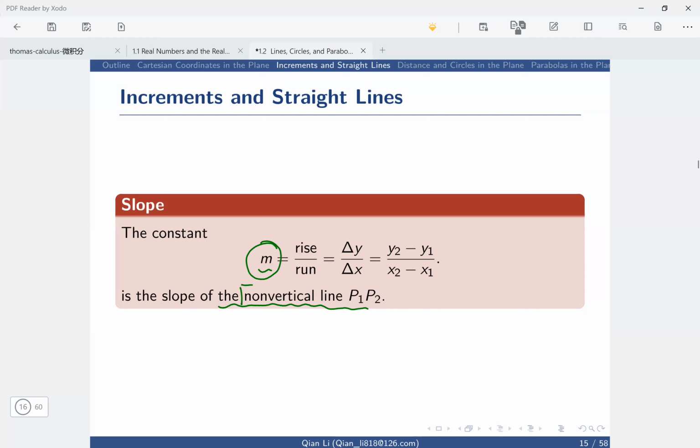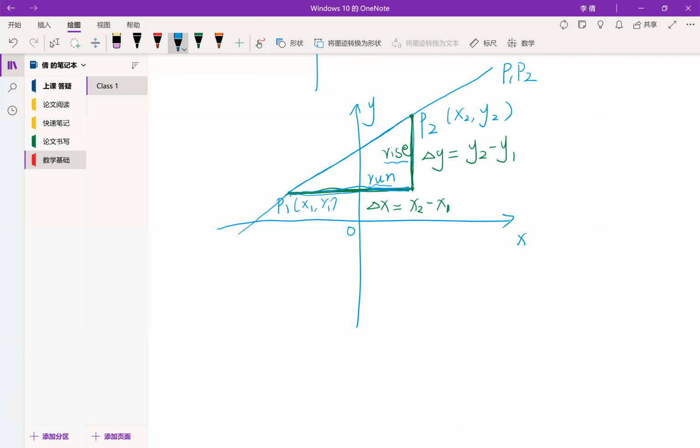This line must be non-vertical. Why must this line be a non-vertical line? Let's see.